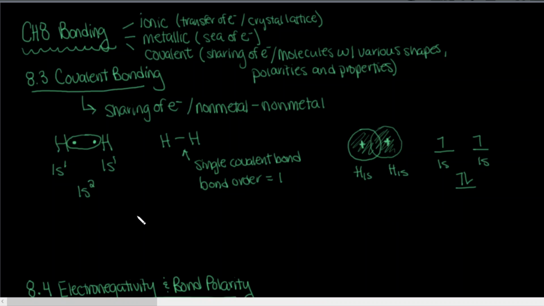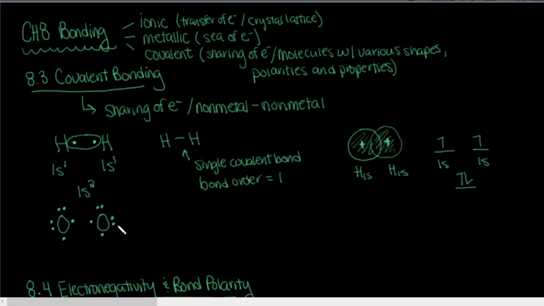Let's look at one that's slightly more complicated. Let's look at oxygen: 1, 2, 3, 4, 5, 6 valence electrons. Another oxygen next door: 1, 2, 3, 4, 5, 6.